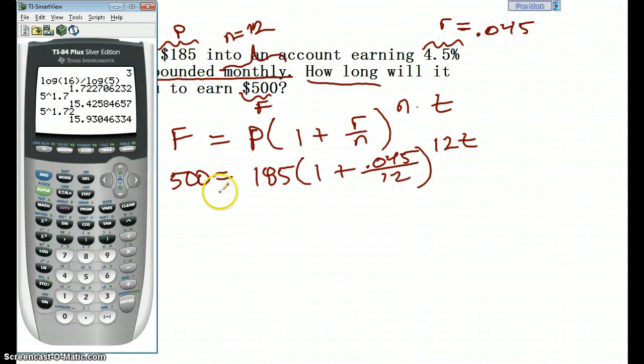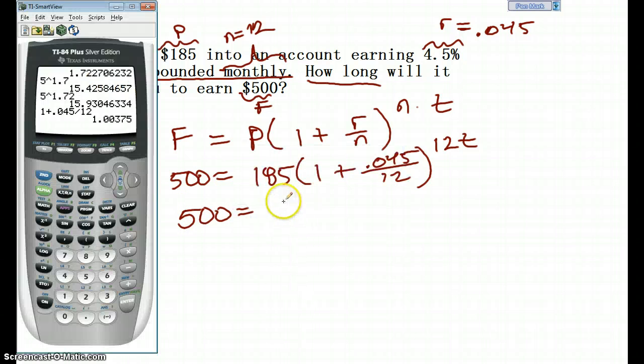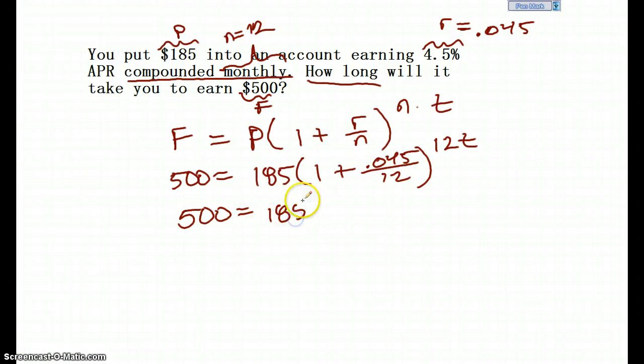So if I come over here to my handy calculator and work the inside out a little bit, 1 plus 0.045 divided by 12, that tells me that I would have 500 equals 185 times, in my parentheses, 1.00375 raised to the 12 times t power.